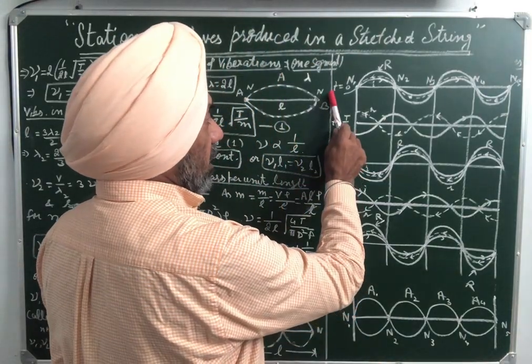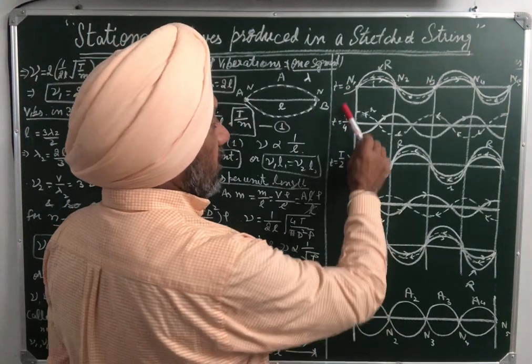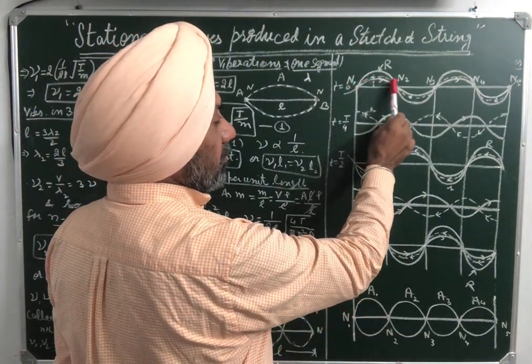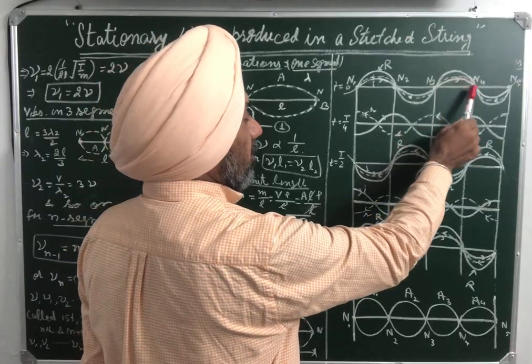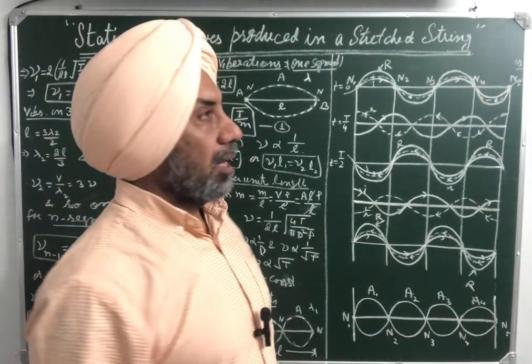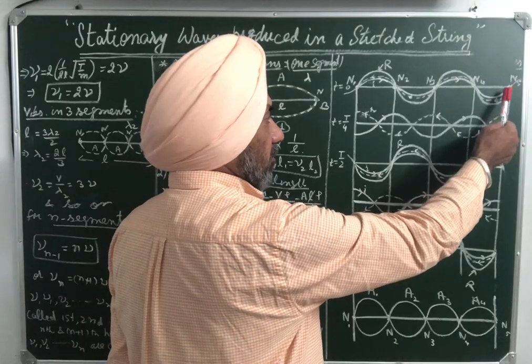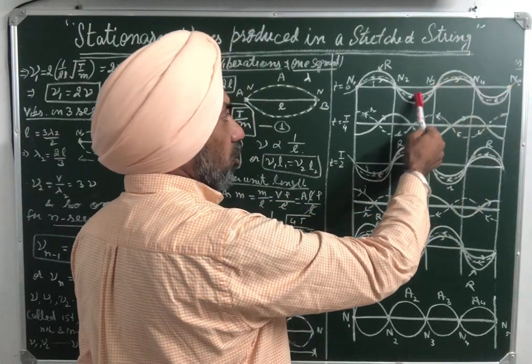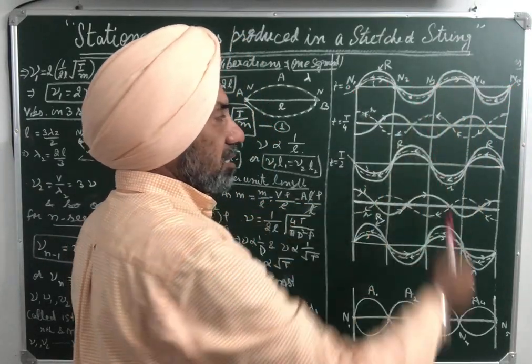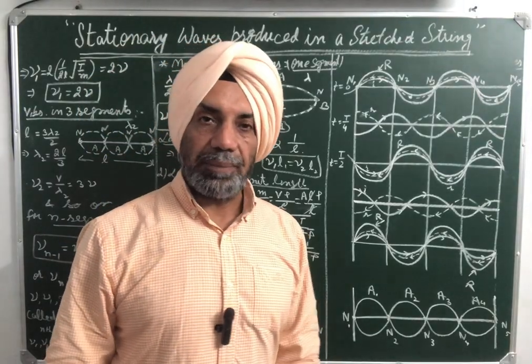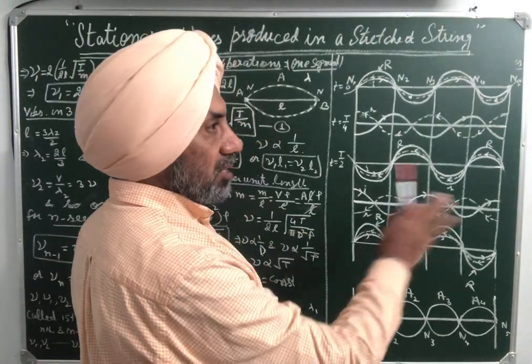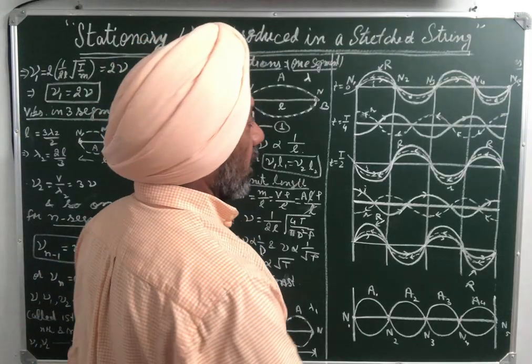Now suppose at t equal to 0, an incident wave, dark line, travels like this and the reflected wave travels in the backward direction shown by dotted line just above the incident line because amplitude is same, wavelength is same, frequency is same.